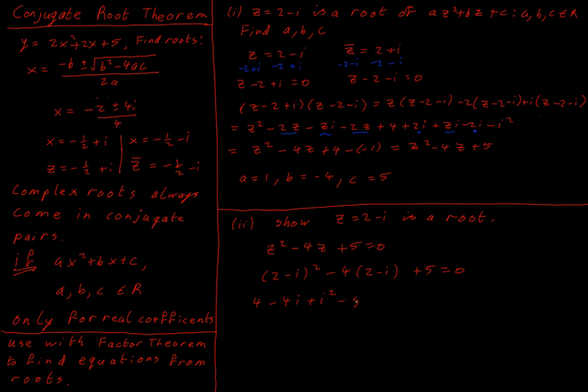Minus 8 plus 4i plus 5 is equal to 0. Now I'm going to square that. So i squared is minus 1, so 4 minus 4i minus 1 minus 8 plus 4i plus 5 is equal to 0. Gather like terms.